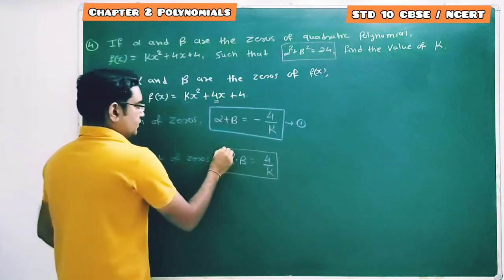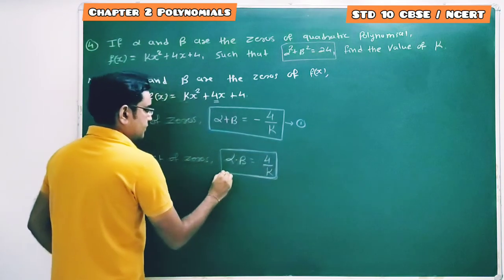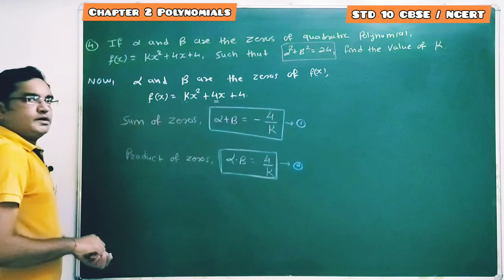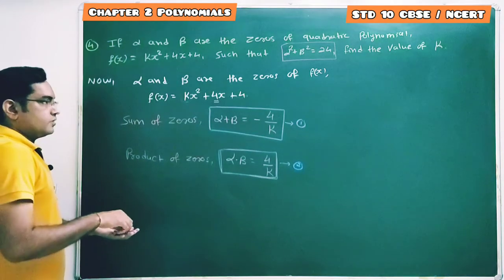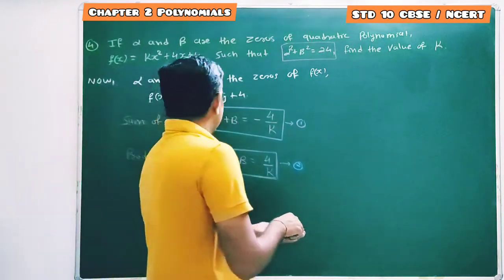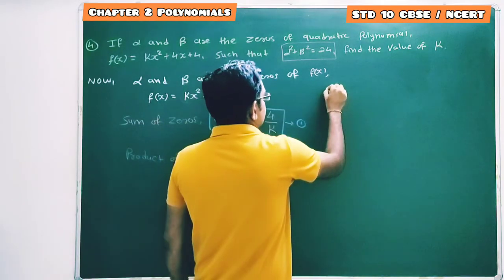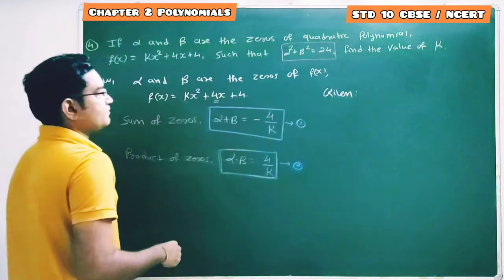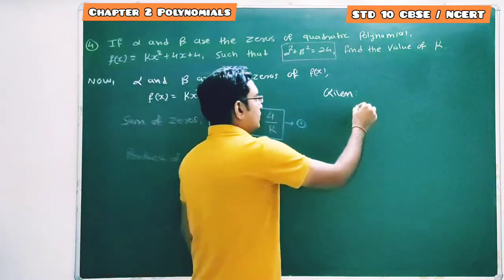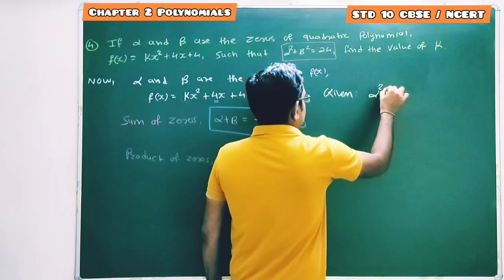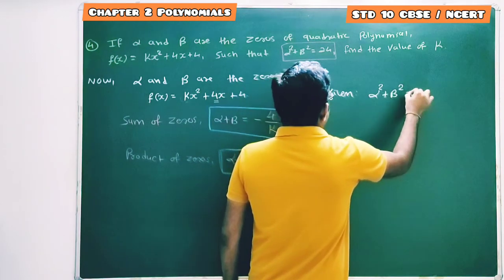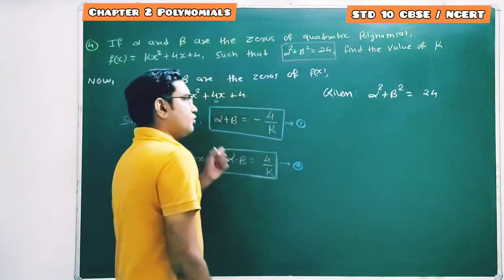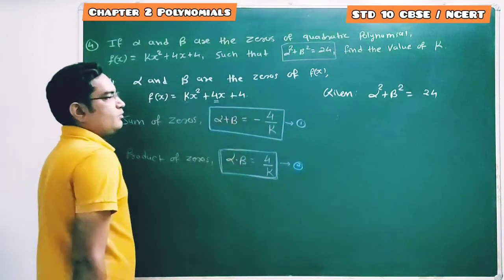Done. So now we are having two results, 1 and 2. Clear है? Done. So now we have to find value of k, and for that we will use given. So we are given that alpha square plus beta square equal to 24, but here we have to use alpha plus beta and alpha into beta.